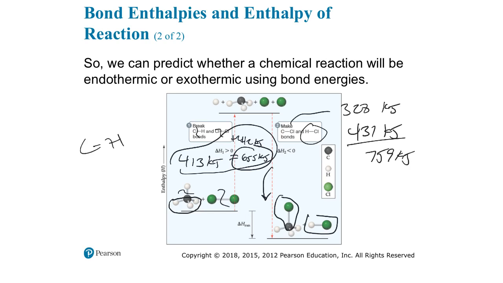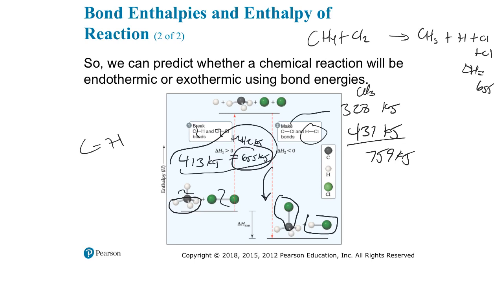So the energy it takes to break the bonds, you can think of that as being, okay, if we're going from CH4 plus Cl2 using Hess's law to CH3 plus H plus Cl plus Cl, that delta H is equal to the bond strengths that we use here to break the bonds. That's 655. Then we make the new bonds.